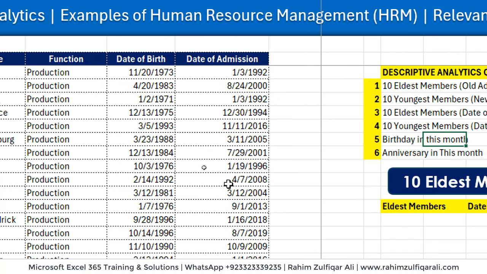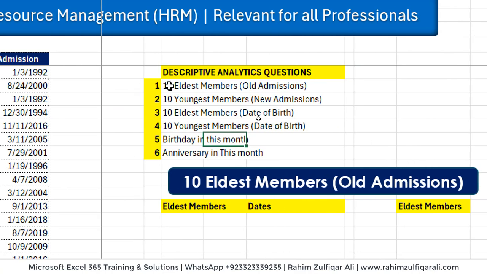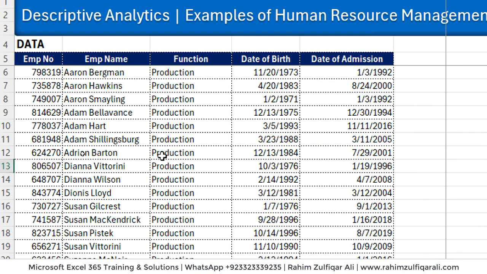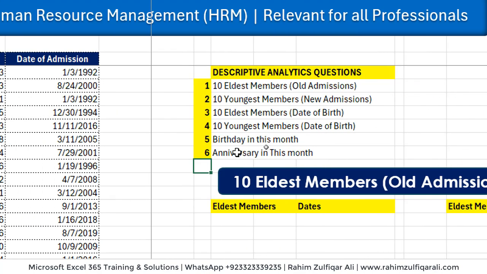We need to extract the 10 eldest members, then the 10 youngest members based on date of admission, which will technically be new admissions, then the 10 eldest members based on date of birth, then again the 10 youngest members based on date of birth, and then we have to find which employees have a birthday in this month.